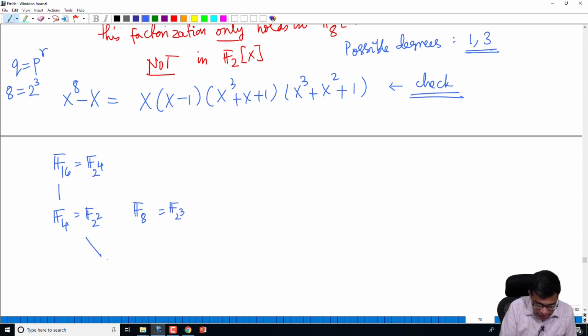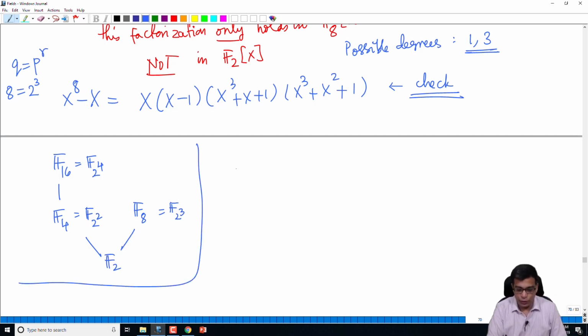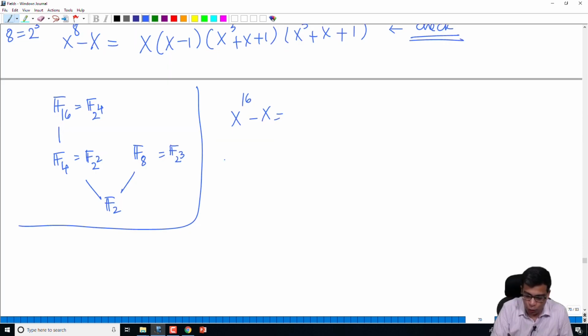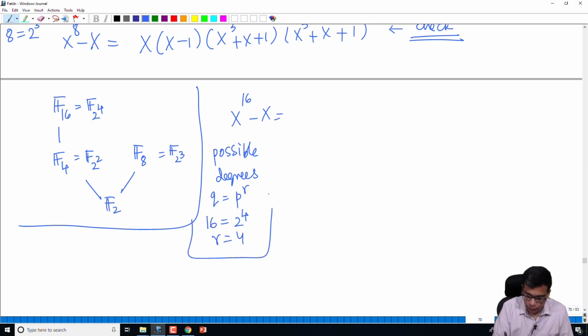So this is a field above this field, and there is a tower like this. Now if you take x to the 16 minus x, how do you factor this? Here 16 equals 2 to the 4, so r equals 4.